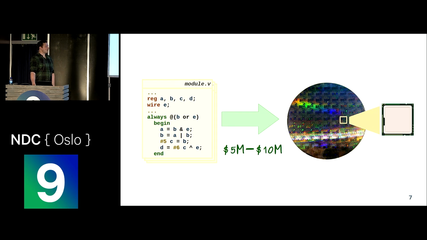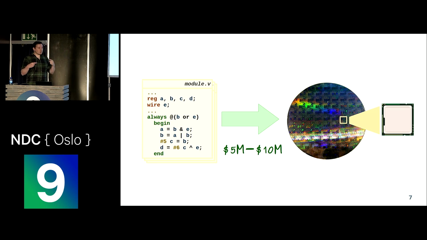But this process is extremely expensive. I mean, the conservative estimate from the company I worked at 10 years ago was between $5 and $10 million. I have no idea if that's still true with the newer process nodes or more advanced techniques, but it's really expensive. So you want to get this right first time.